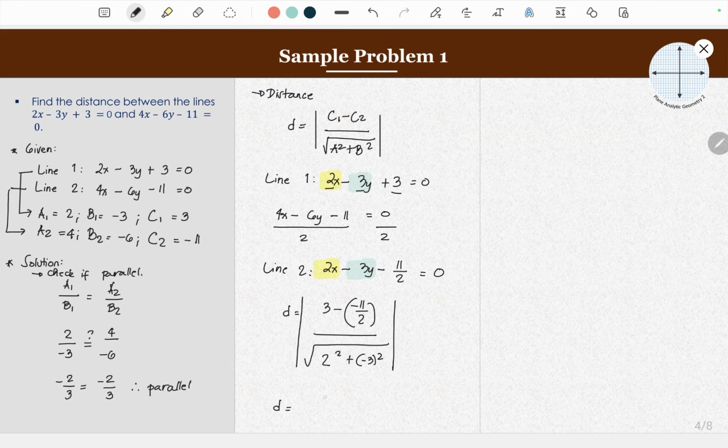This is equal to 3 plus 11 over 2 over square root of 4 plus 9, absolute value. So 3 plus 11 over 2 is 17 over 2. This is over square root of 13.